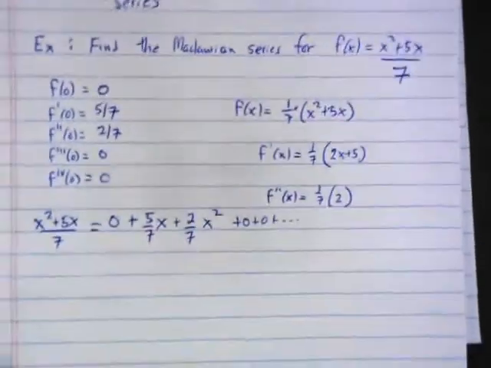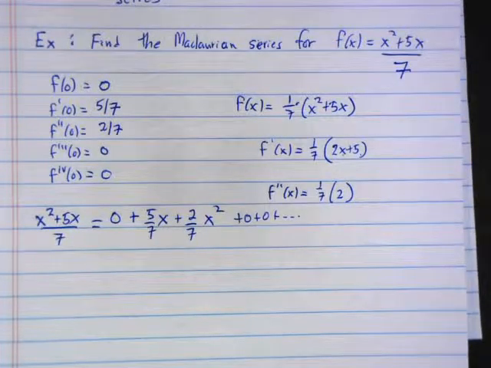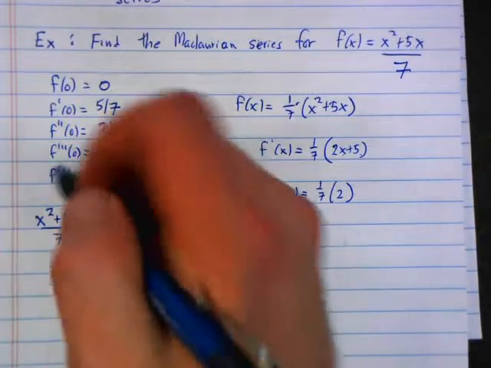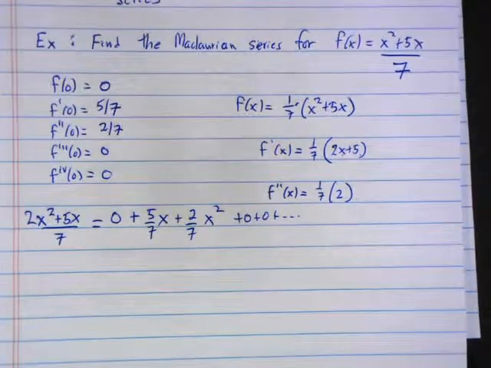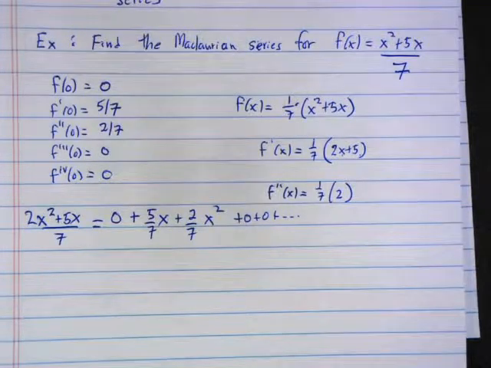So, what's the Taylor series for x squared plus 5x over 7? I'm sorry, I forgot the 2 there. 2x squared plus 5x plus 7. What's the Taylor series for 2x squared plus 5x over 7? What? Why did you put a 2?